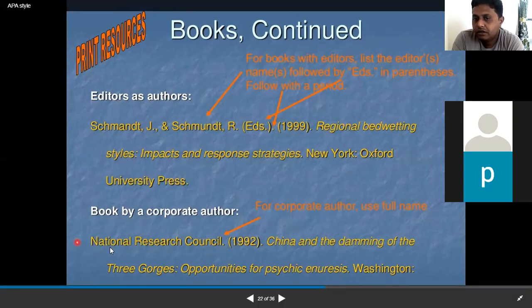It is the study China and Damming of the Three Gorges. This study material is published by this council, so this council is the author. Then publication year, publication place. Like that.